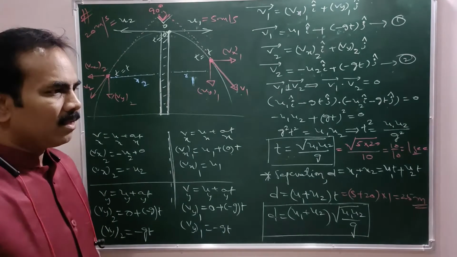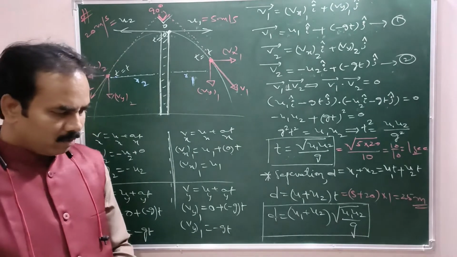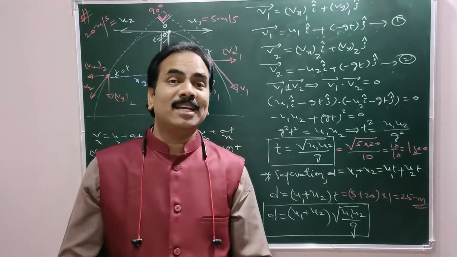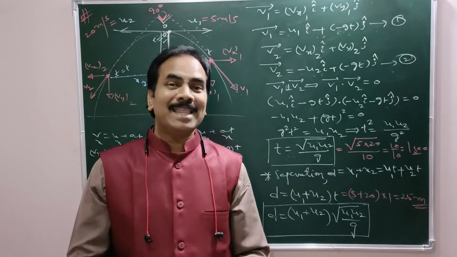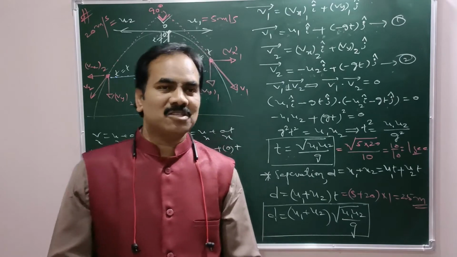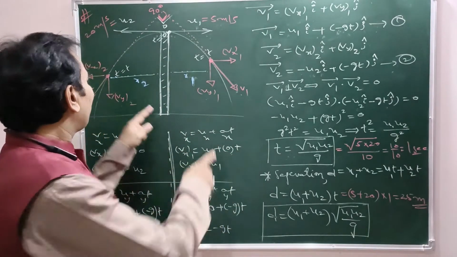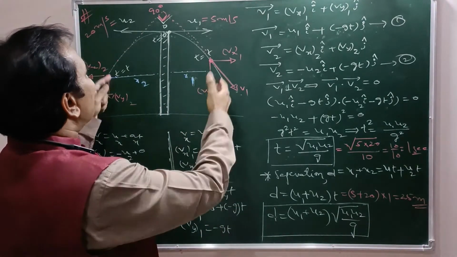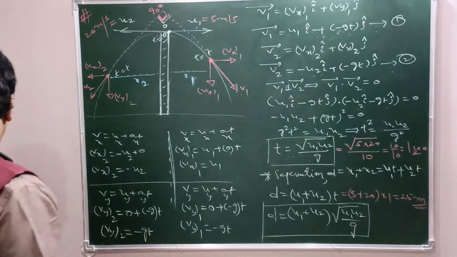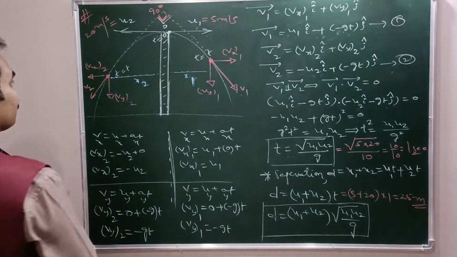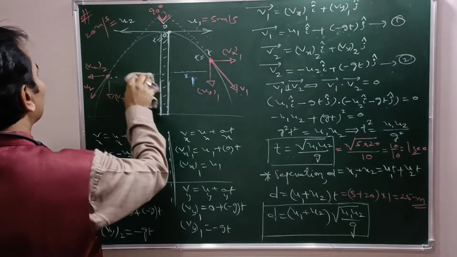This time I want to know the time after which their displacement vectors are perpendicular to each other, and by that time, what is the separation between the projectiles. I don't want velocity vectors. This time I want to specify their displacement vectors.